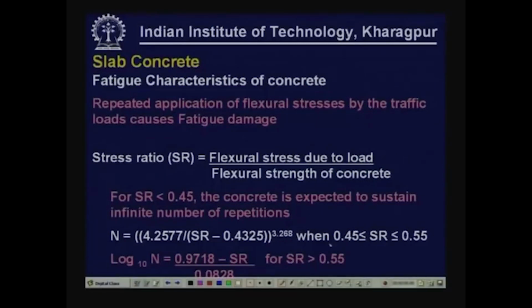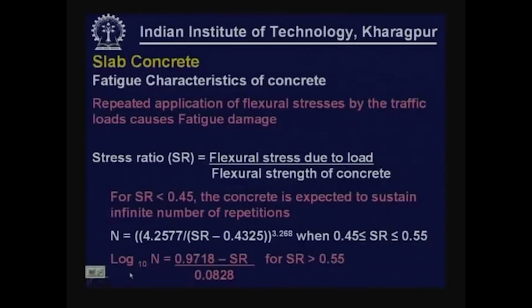For stress ratio between 0.45 and 0.55, N, the number of load repetitions to failure, is given as a function of stress ratio with this expression. If the stress ratio value is greater than 0.55, for heavier loads, it is given by a logarithmic relationship: log N is equal to 0.9718 minus SR by 0.0828.